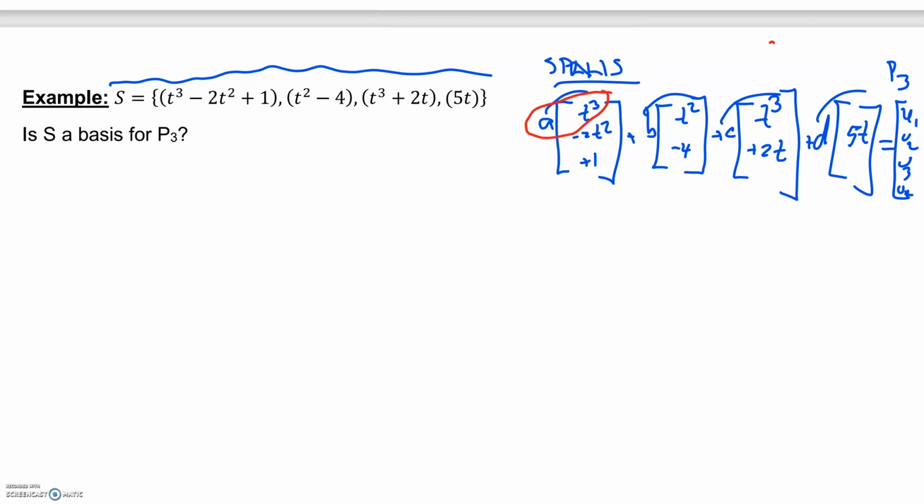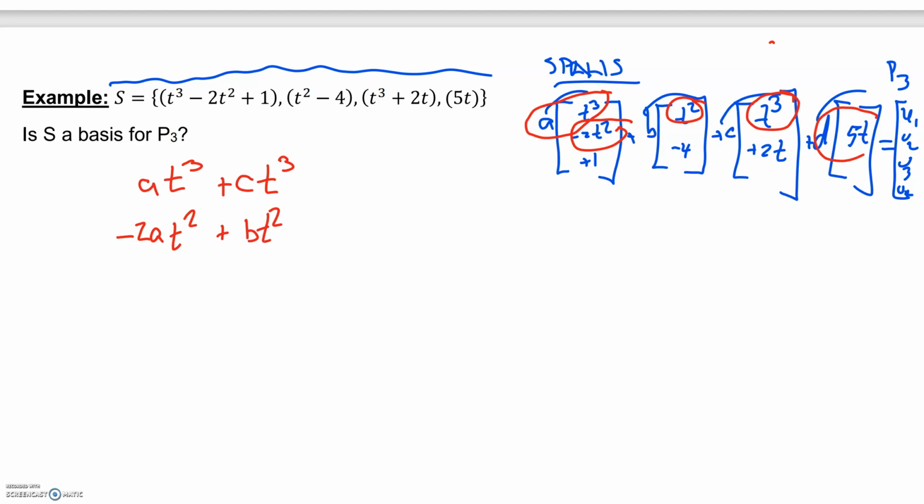So for our cube terms, we have this, right? We have AT cubed plus CT cubed. Those are our cube terms. And then our square terms are negative 2AT squared and BT squared.